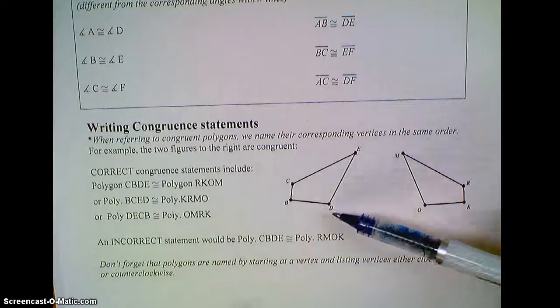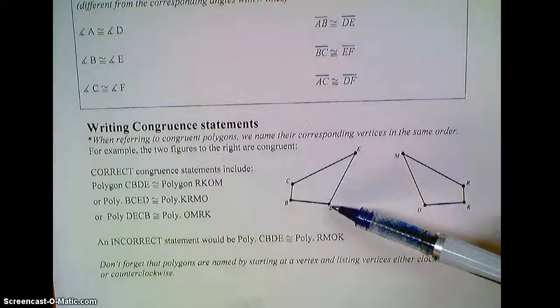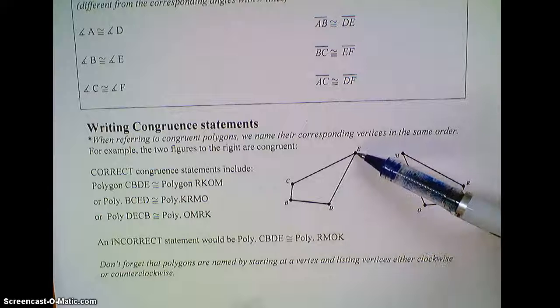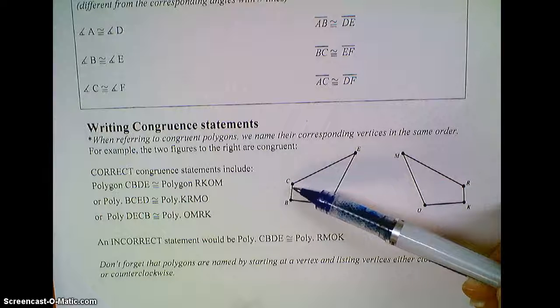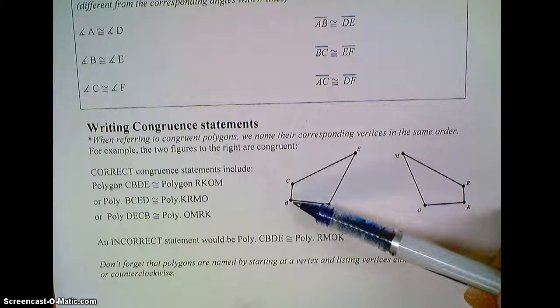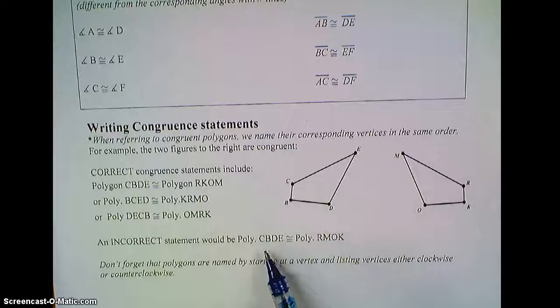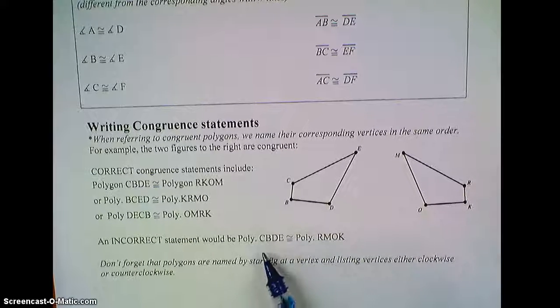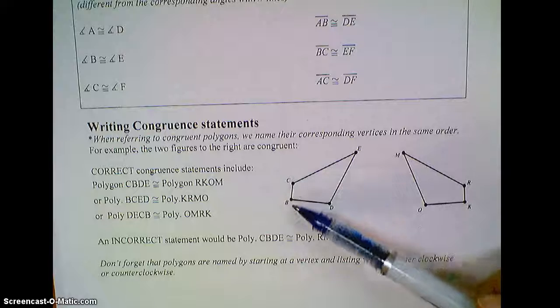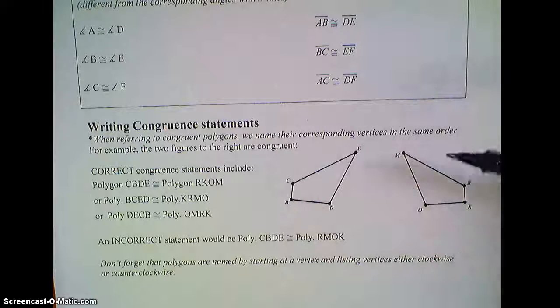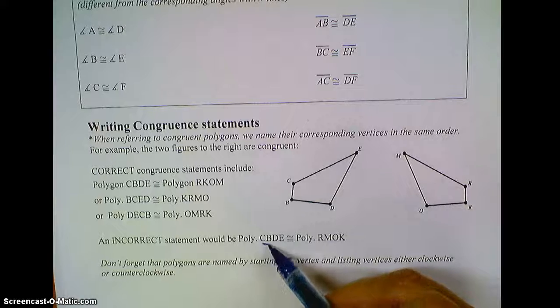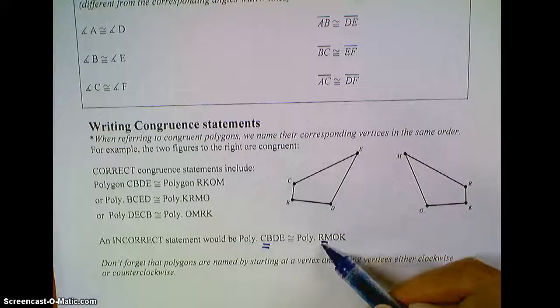We could start D, E, C, B, running across the long side, across the second long side, and then across the short side. That would correspond to OM, RK. Okay? It would be incorrect to say that CBDE was congruent to RMOK, because that would be telling me that segment CB went with segment RM.